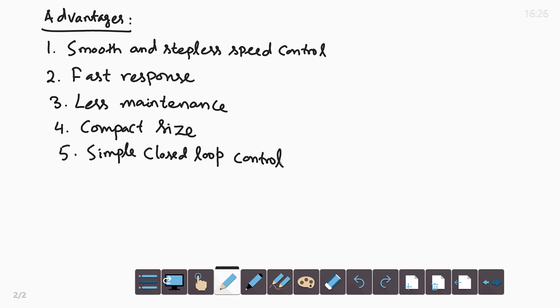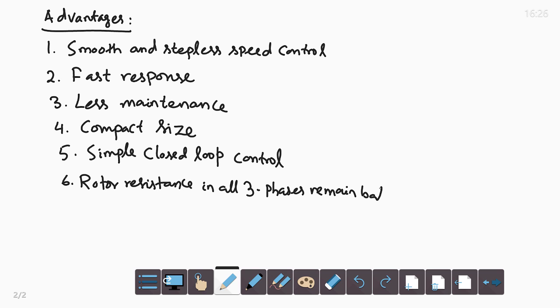And most important, the rotor resistance in all three phases remain balanced in all operating points.